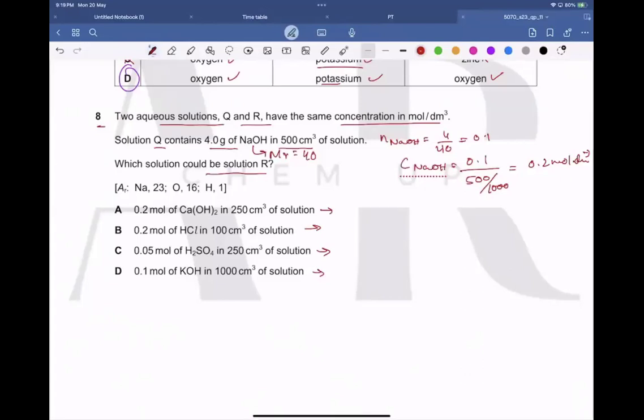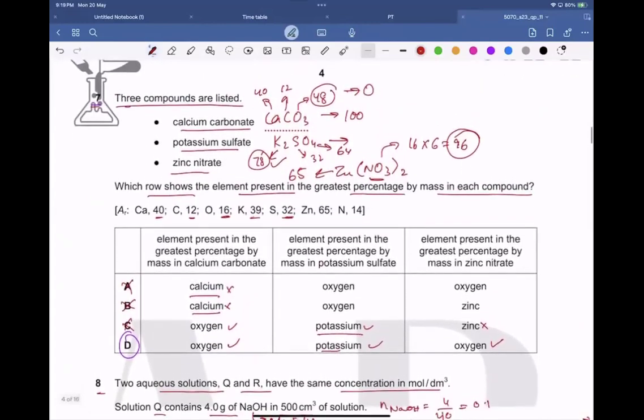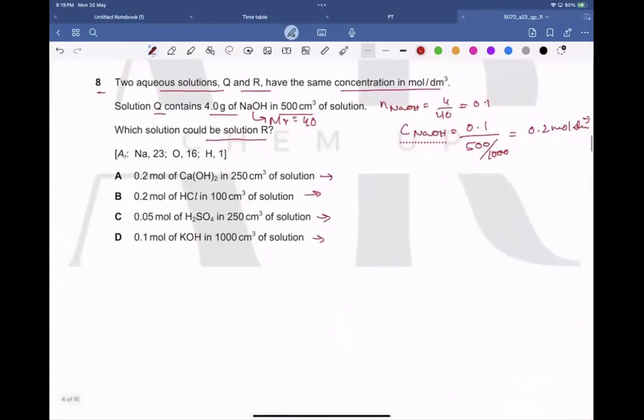Yes, Waleed. They have given you the name, not the formula, so you have to remember the formulas in order to attempt that question.